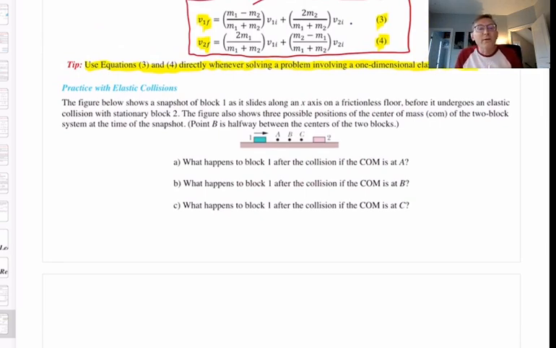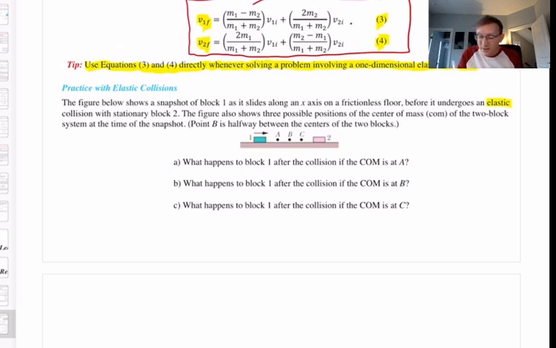The figure shows a snapshot of 2 blocks along a horizontal x-axis on a frictionless floor. Block 1 is sliding along this frictionless floor, this x-axis, and it's about to undergo, it tells me, an elastic collision with block 2.